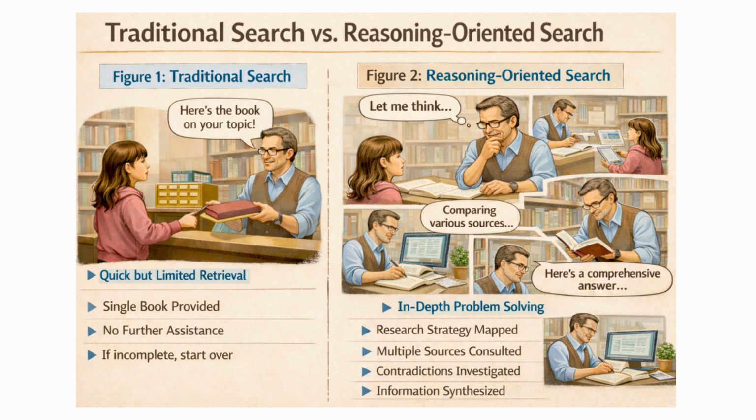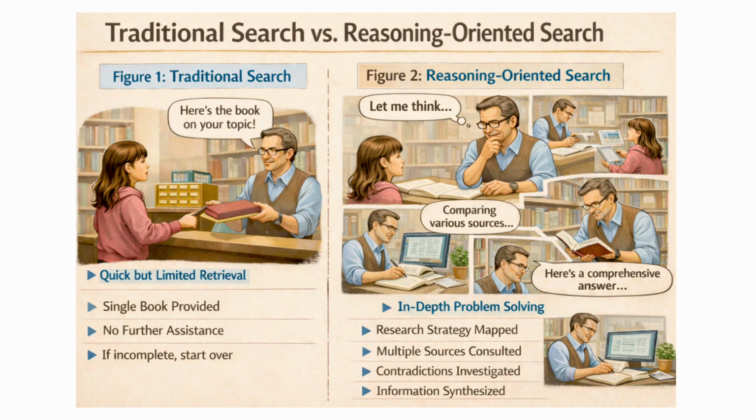Analogously, in a reasoning oriented search setting, when the user reaches out, the librarian first thinks about what are the possible topics that the user might like, compares different sources, looks at different bookshelves, tries to look through databases, talks to different librarians, and finally comes up with a book that he feels better suits the user.